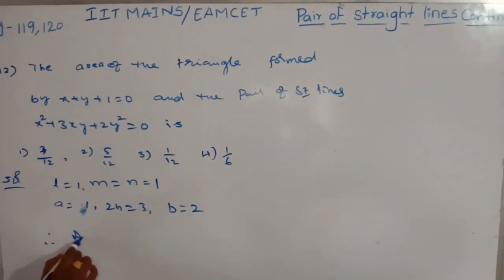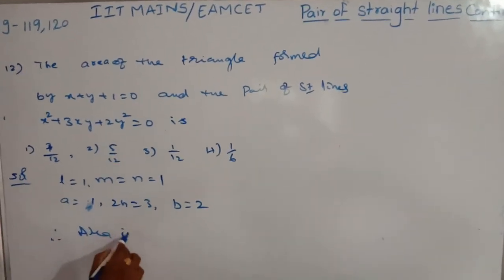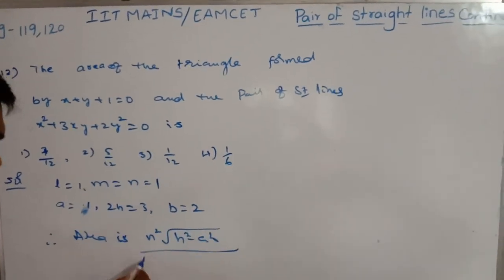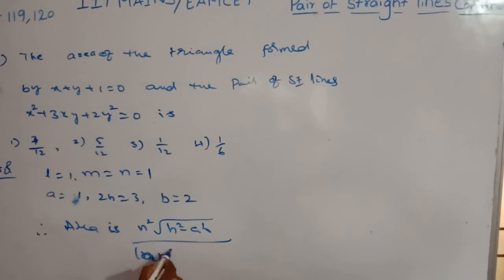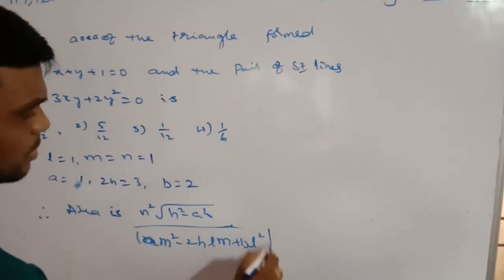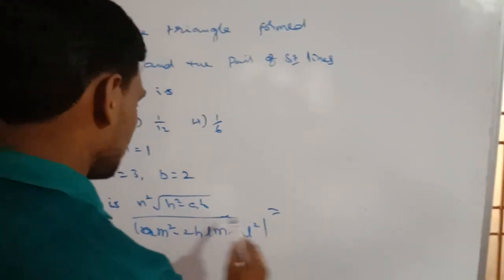Now the area is n square into root of h square minus ab by modulus of am square minus 2hlm plus bl square. Now substituting the values in the formula.